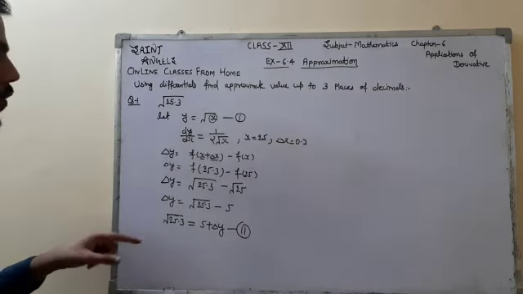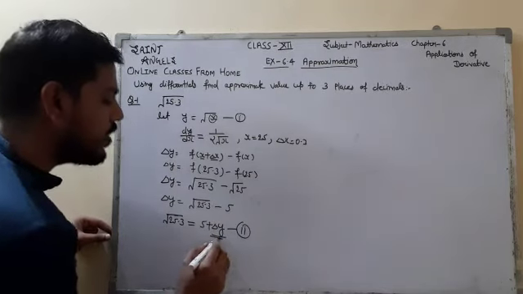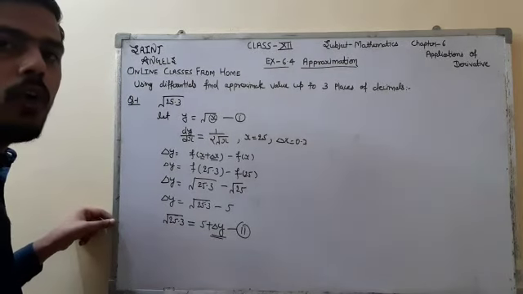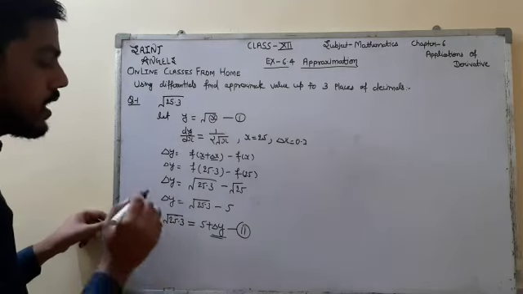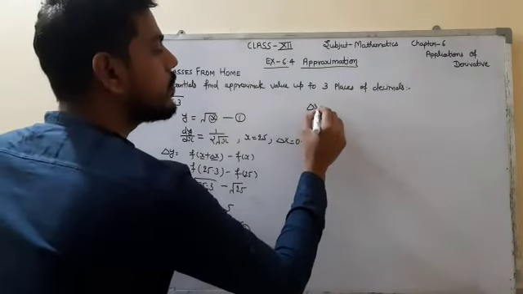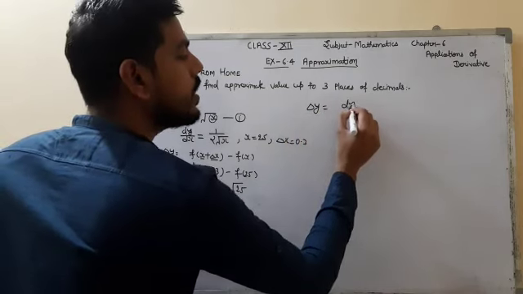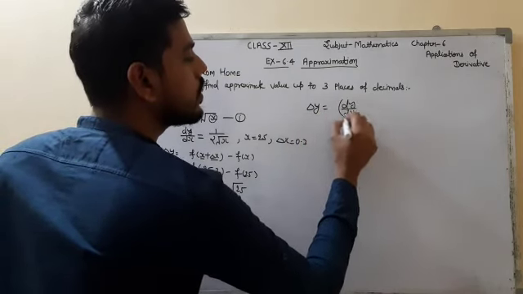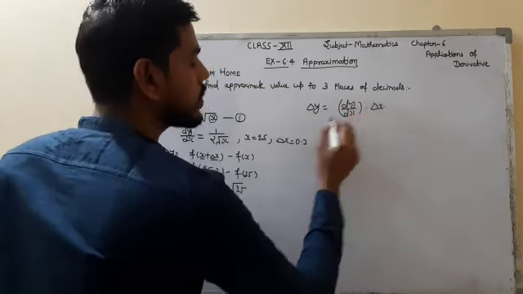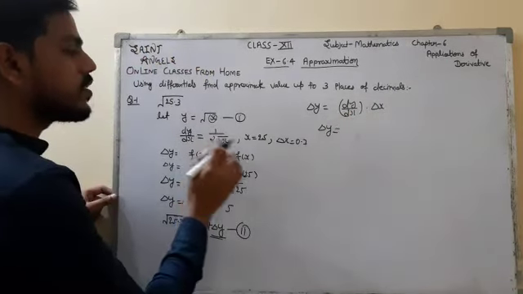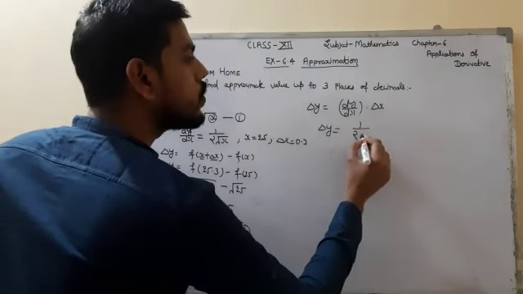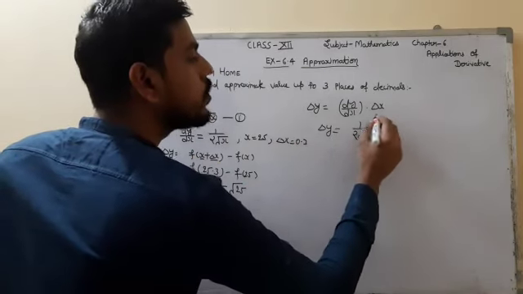Now we have to find the value of delta y. If we have the value of delta y, then we are good to go, and we are able to find the value of root 25.3. We know the other formula, that delta y equals dy upon dx into delta x. So what is the value of dy over dx? It is 1 upon 2 root x, into delta x.